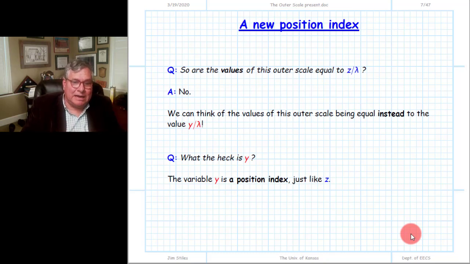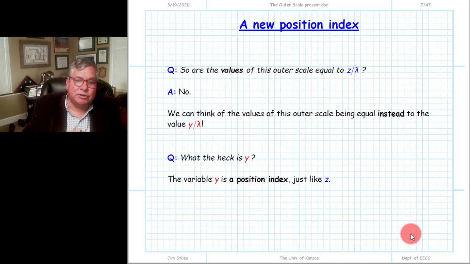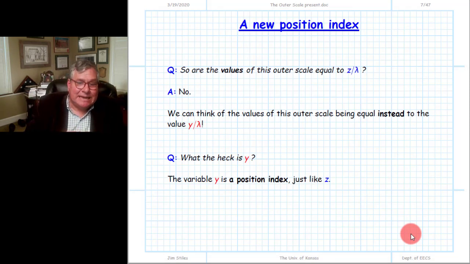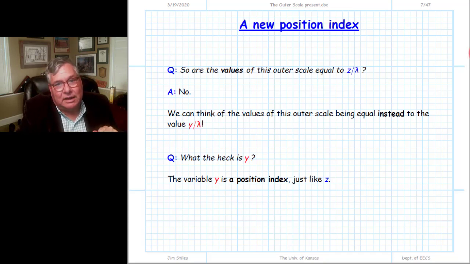It is a normalized index, but it is not the normalized index that you will use to solve your transmission line problems. Instead of z over lambda, we could think of this index around the outer scale, let's just call it y over lambda, give it a different name, because in fact it is a different value, a different position index than the one that we use to solve our transmission line problems.